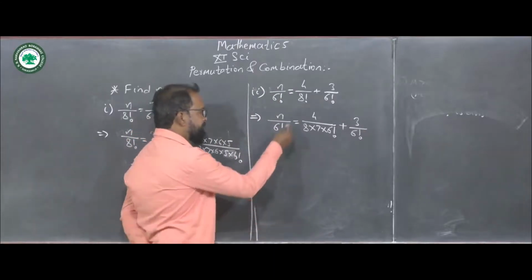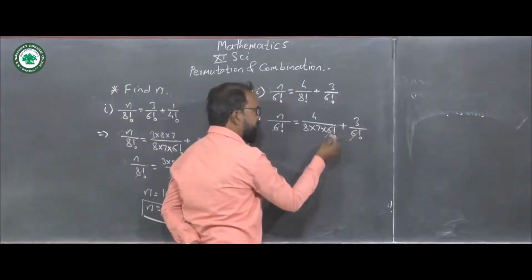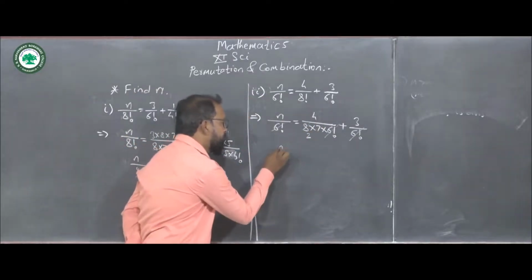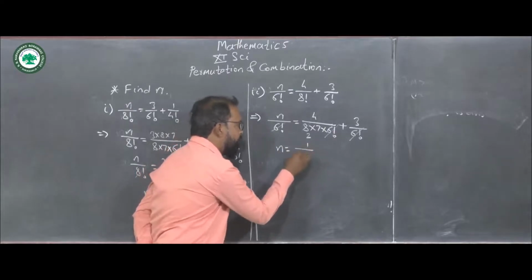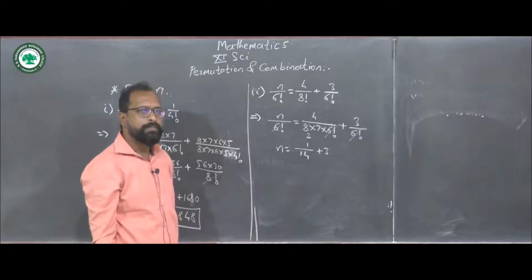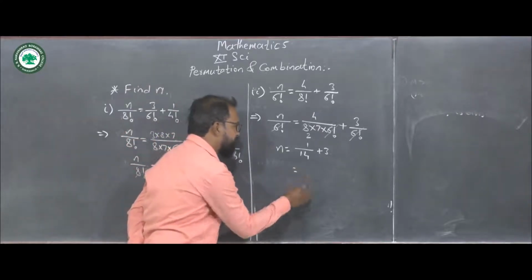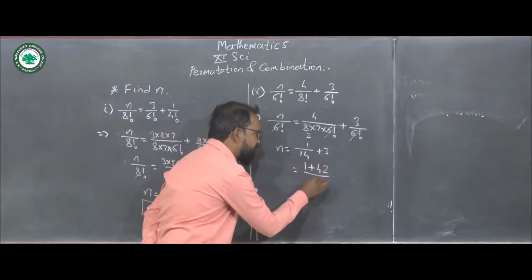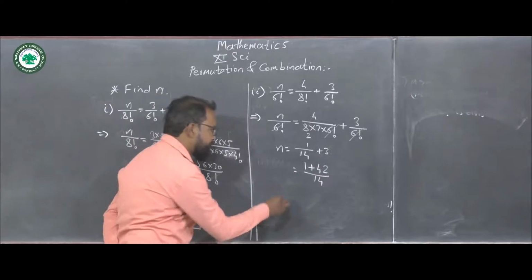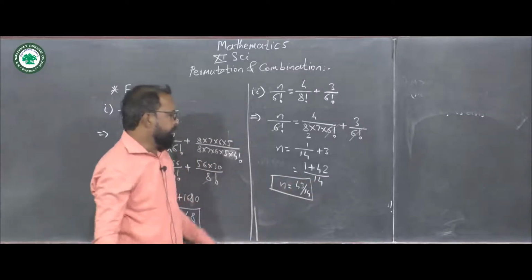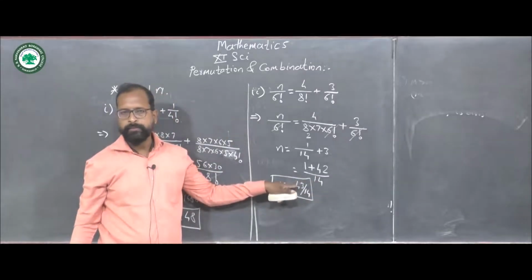Now again this 6 factorial gets cancelled. This 4 over 8 into 7, so we finally get n equals 1 upon 14 plus 3. If we take the cross multiplication, we get 1 plus 42 upon 14, and that is n equals 43 upon 14. So we get n is 43 upon 14.